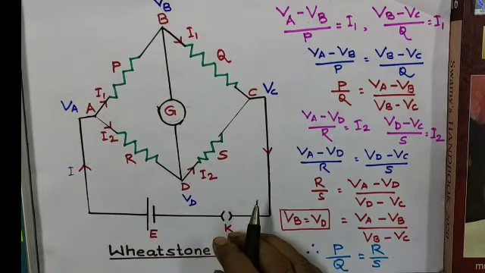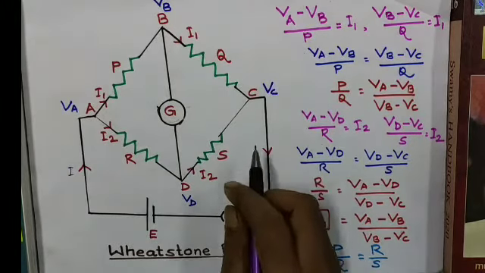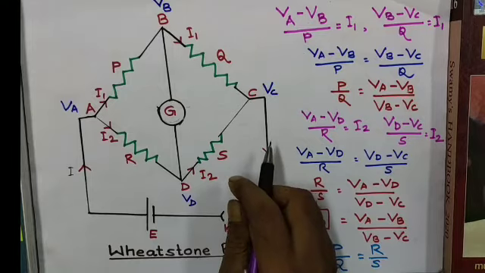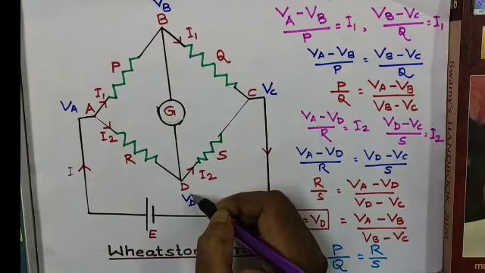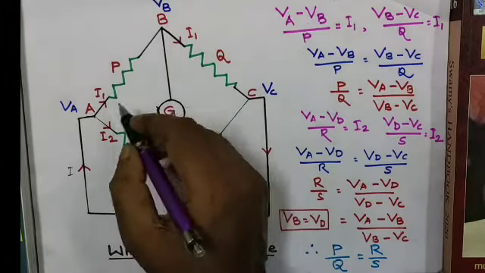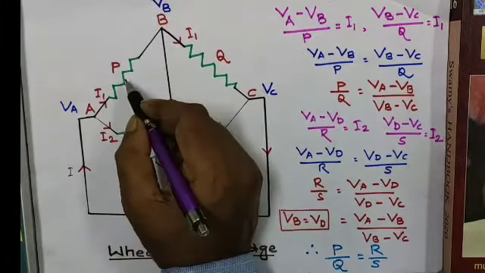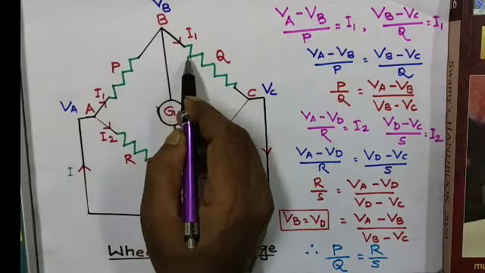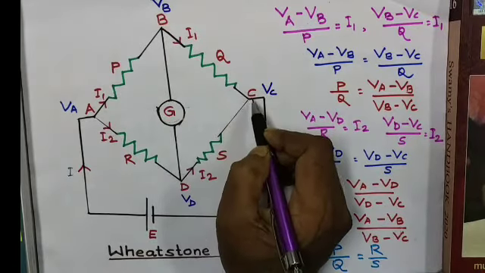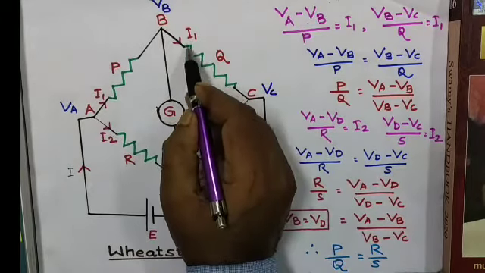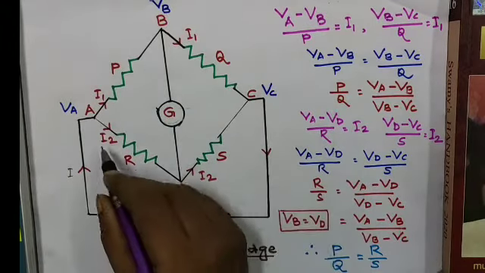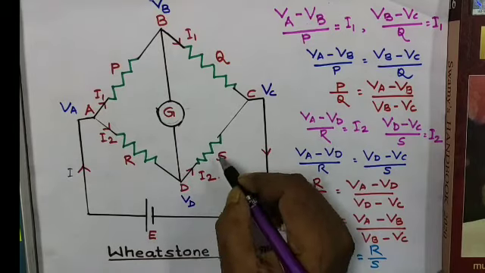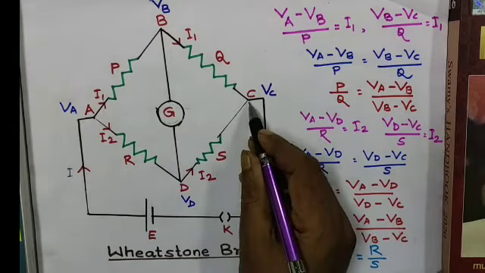Now, in the balanced condition, the null condition of the galvanometer, no potential difference is there between B and D. So the same amount of current which is passing through P will pass through Q also. So I1 current will be passing through Q. Accordingly, I2 current will pass through S.